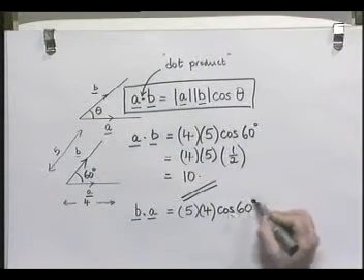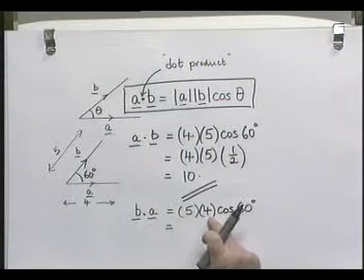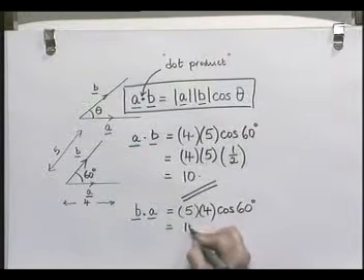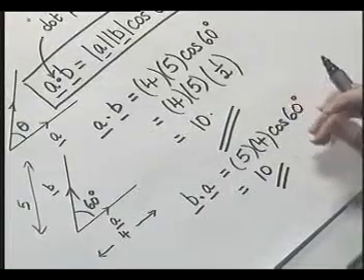And the cosine of 60 degrees is a half. So if we work this out this time, we'll get 5 fours are 20, and a half of 20 is 10. So you'll see that whichever way we did the calculation, whether we worked out A dot B or whether we worked out B dotted with A, we get the same answer, 10.